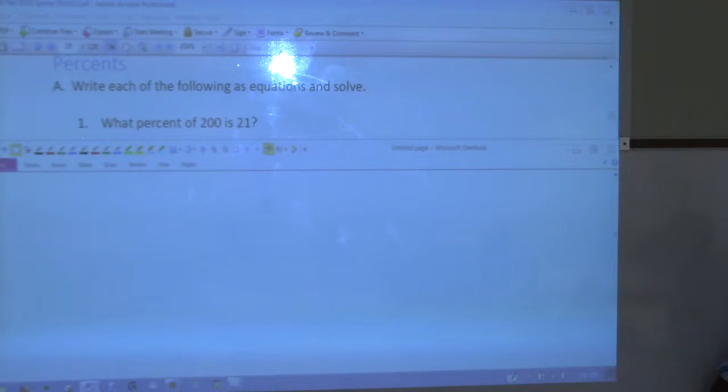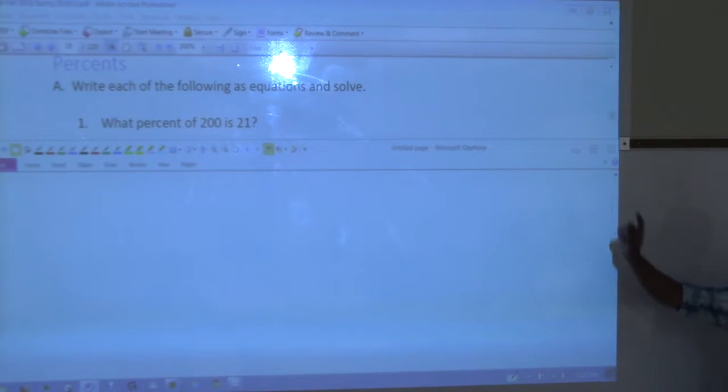Every time I teach this, I always have students who just try and figure this out without doing any math. They just calculate and they can't explain how they're getting the answer. I want to show you how to do a problem like this in a systematic way.